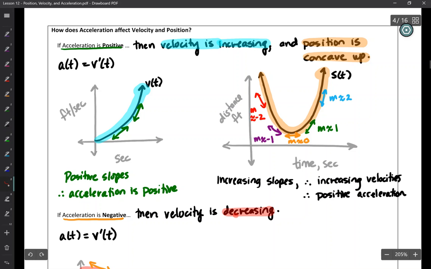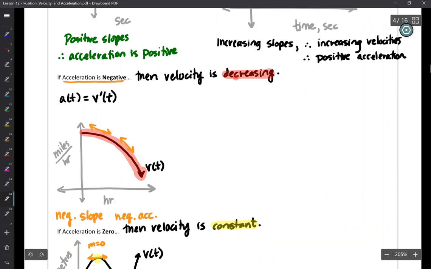So, just three things. If acceleration is positive, velocity is increasing, and position is concave up. We'll get lots of practice with this, so don't worry. If acceleration is negative, then velocity is decreasing, and position is concave down.